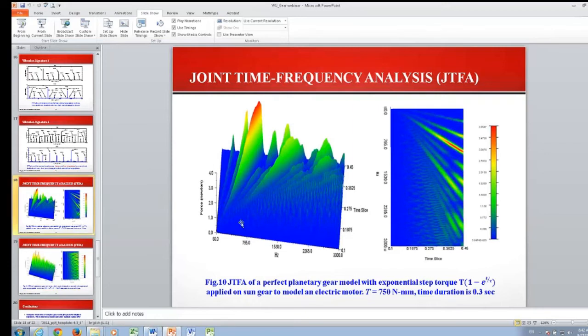There's a key point to get this plot. It actually took us almost 5 hours to get this plot, because you have to choose the overlap. I don't know the detail, but if you get a higher percentage of overlap, for example, 95%, it will capture more detail, and these small peaks will show up.